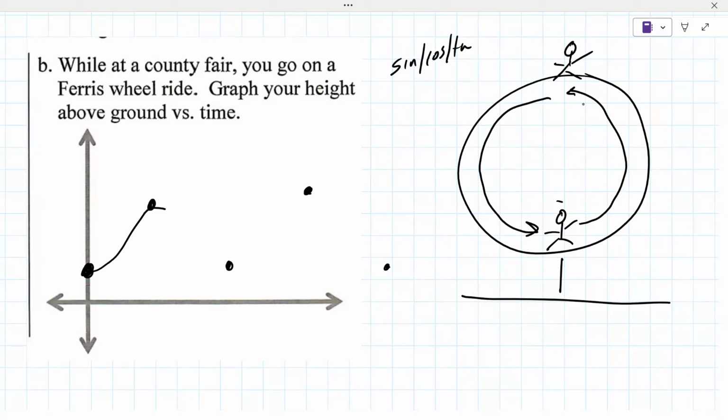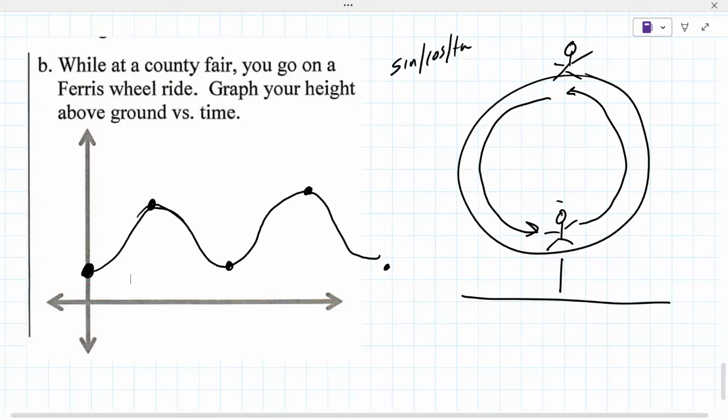It's a sinusoidal wave. It's dropping down, dropping up, like that. I don't know how you're supposed to know that. Your teacher may give you some grace and say it could be straight lines, but it's really not. It's actually kind of this rotation. It's a little curvature to it.